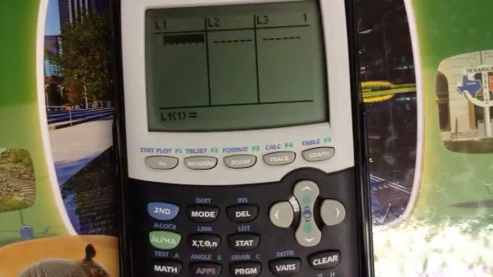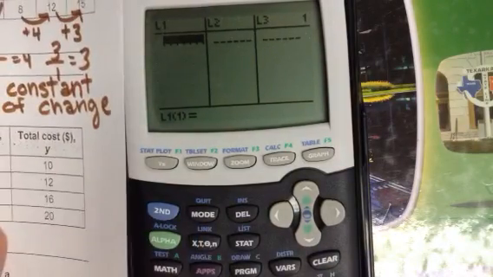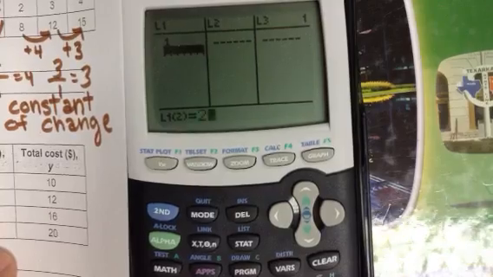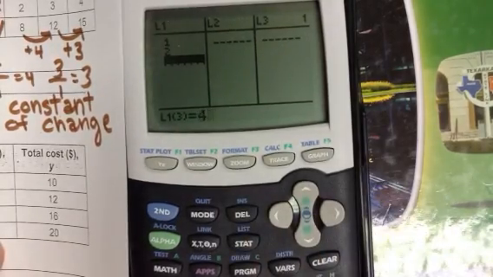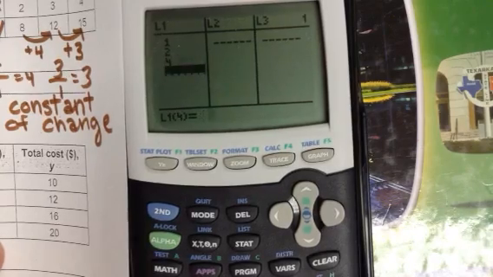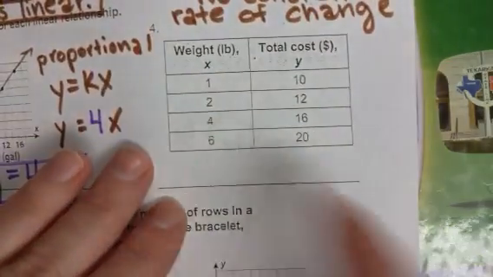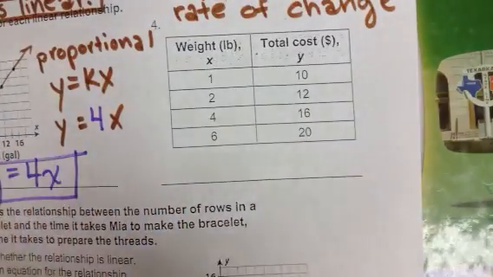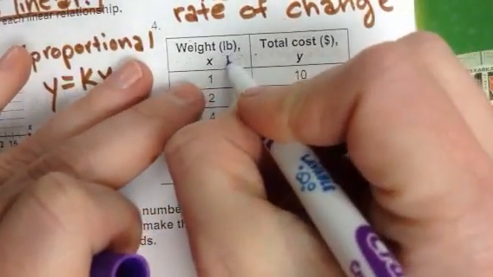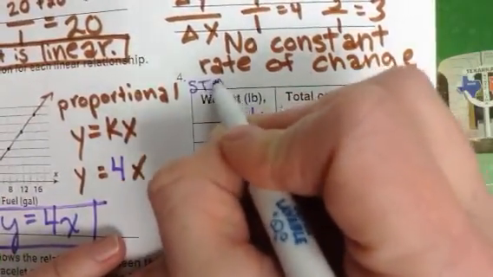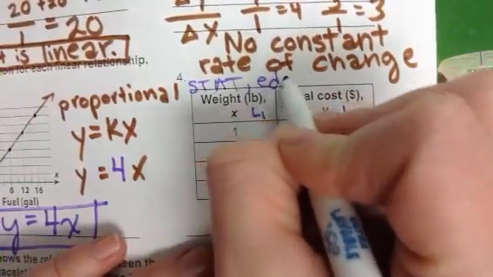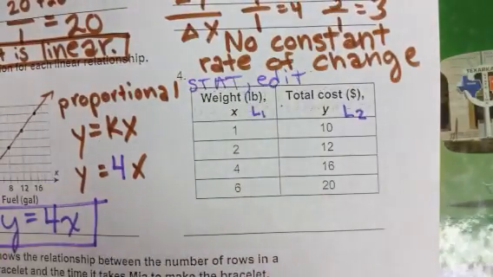Okay, so we're going to do 1, 2, make sure you're doing this on your calculator. It goes 1, 2, 4, and then 6 if you're looking at the table right here. Remember that those x's are going to go in list 1 and the y's are going to go in list 2. We just had to hit the stat and then edit to get there.